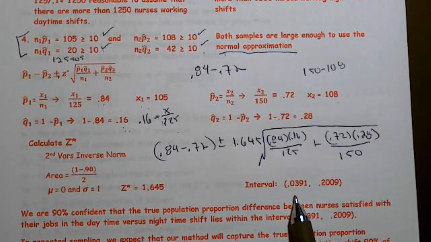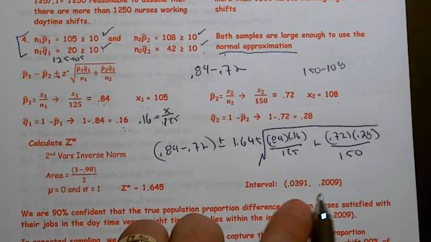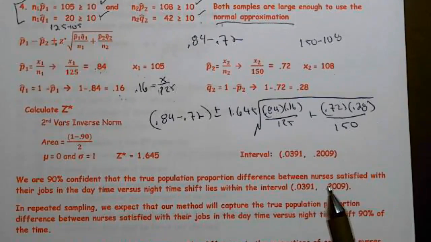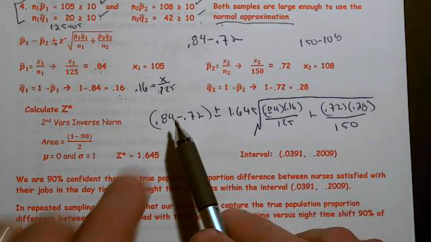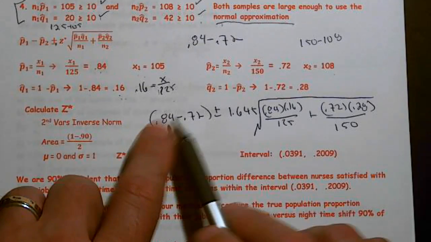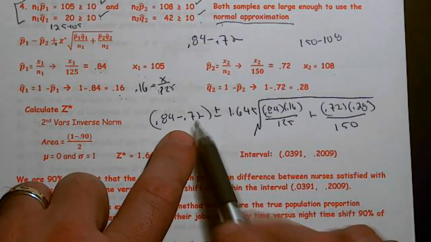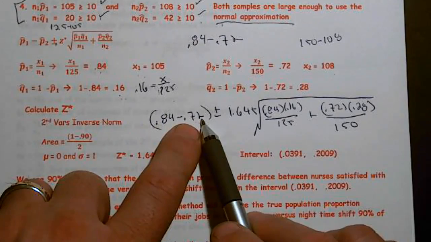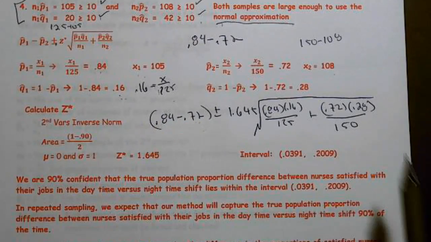So there's our interval. We notice that our interval is positive, doesn't contain any zeros. So this is a significant difference. And it tells us that the daytime shift is significantly larger than the nighttime shift in happiness.